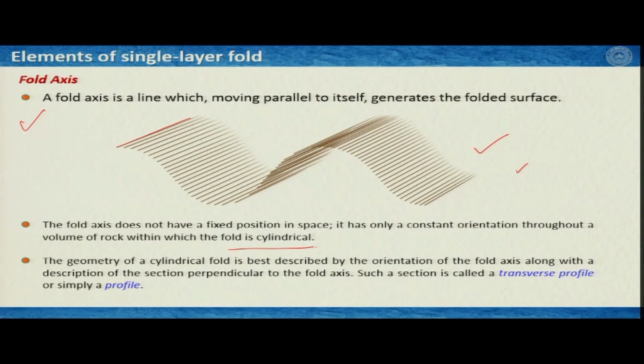So, in other words, the geometry of a cylindrical fold is best described by the orientation of the fold axis along with the description of a section perpendicular to the fold axis. This particular section or plane is known as the transverse profile, or simply a profile or cross section of a fold. We will see later that if we cut the fold in different sections, other than the transverse profile, the appearance of the fold would change drastically.